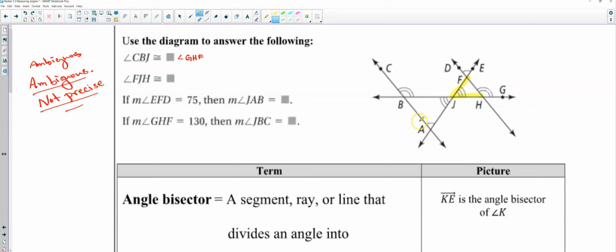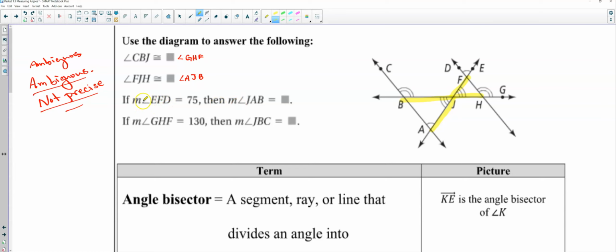So I would say angle AJB. Those two angles right there are congruent. Angle AJB, notice it has 3 arcs, okay?